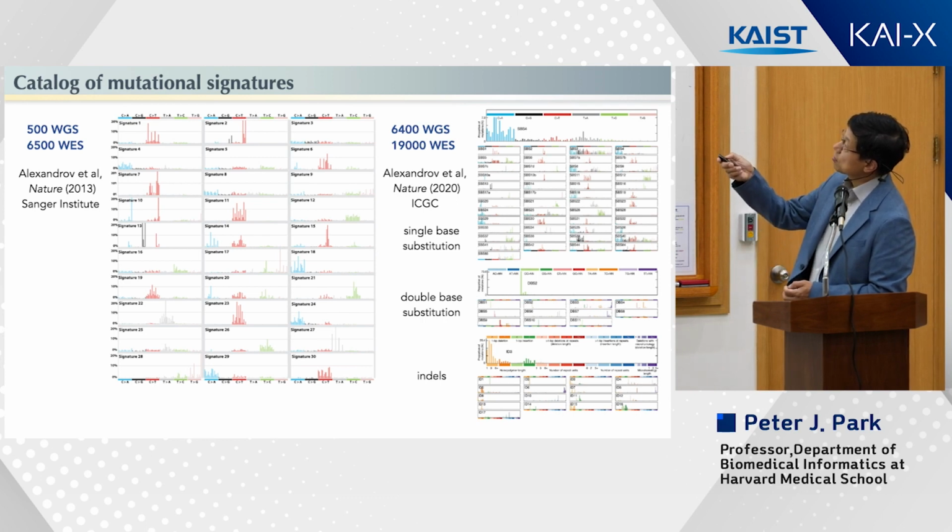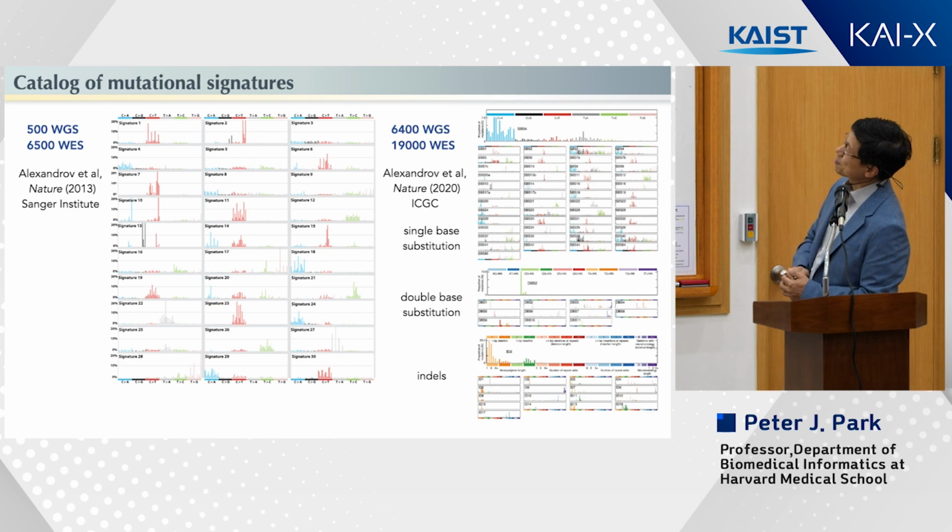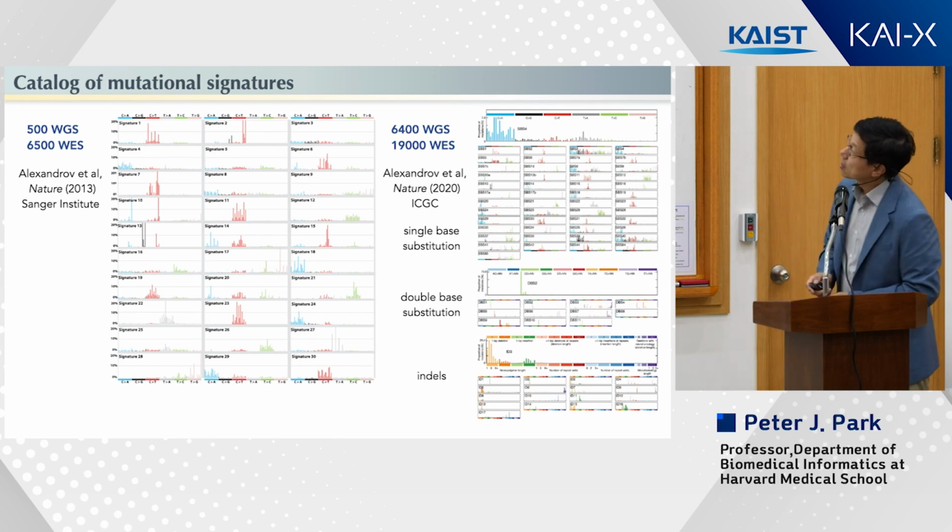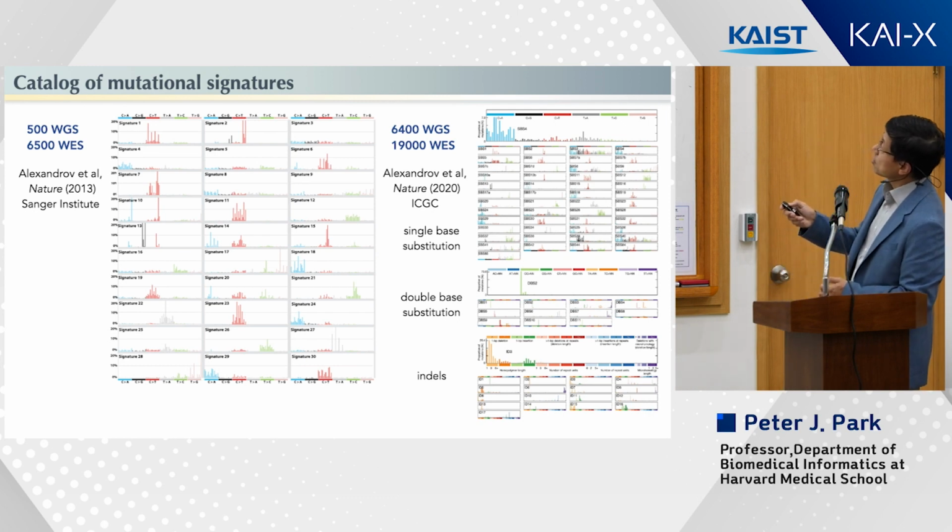Okay, a couple of years ago, this group of people, the International Cancer Genome Consortium, of which I was part, came up with a bigger catalog, although I wasn't involved in this particular process.